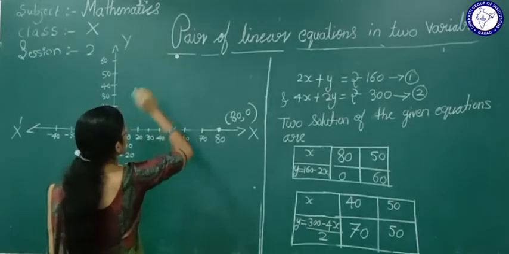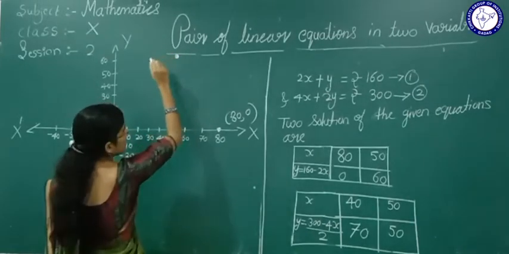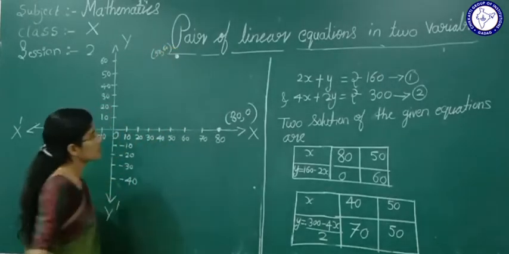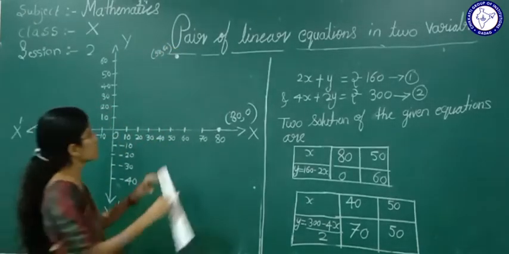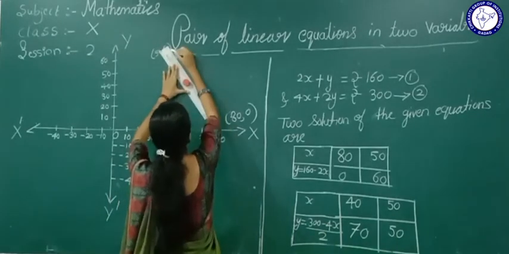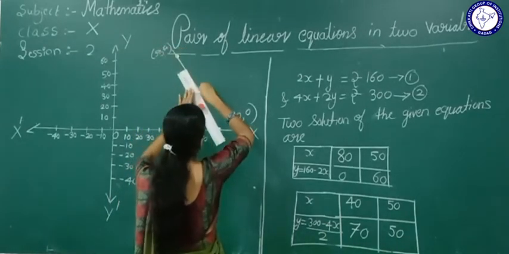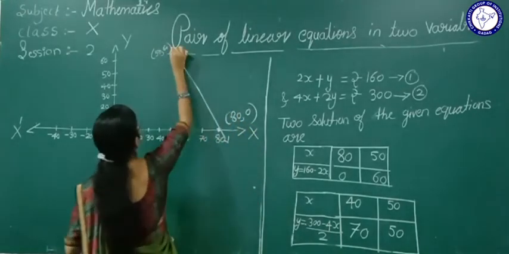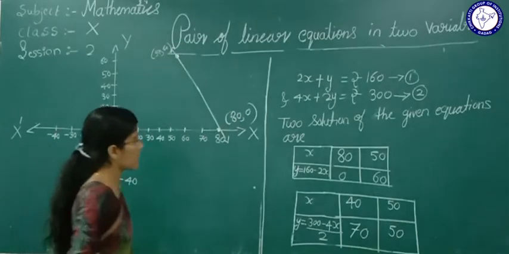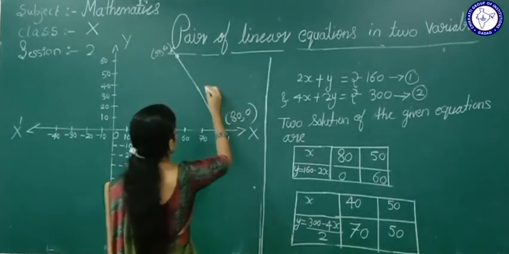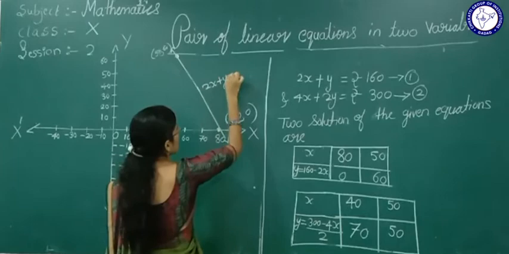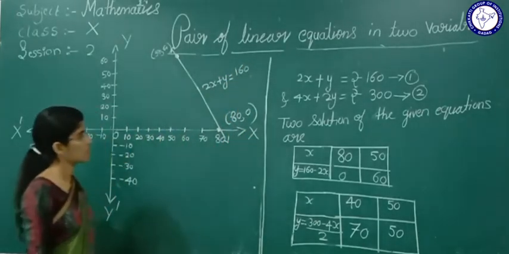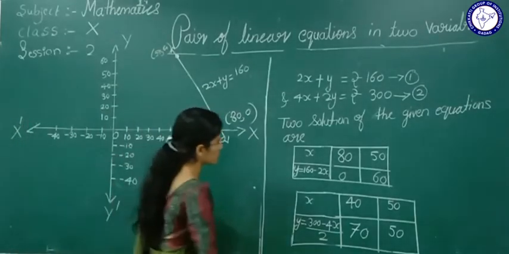Okay, it is (50, 60). Okay, we will draw the line. So this is the straight line for equation number 1, that is 2x plus y is equal to 160. Okay, in the same way we go for the second equation.